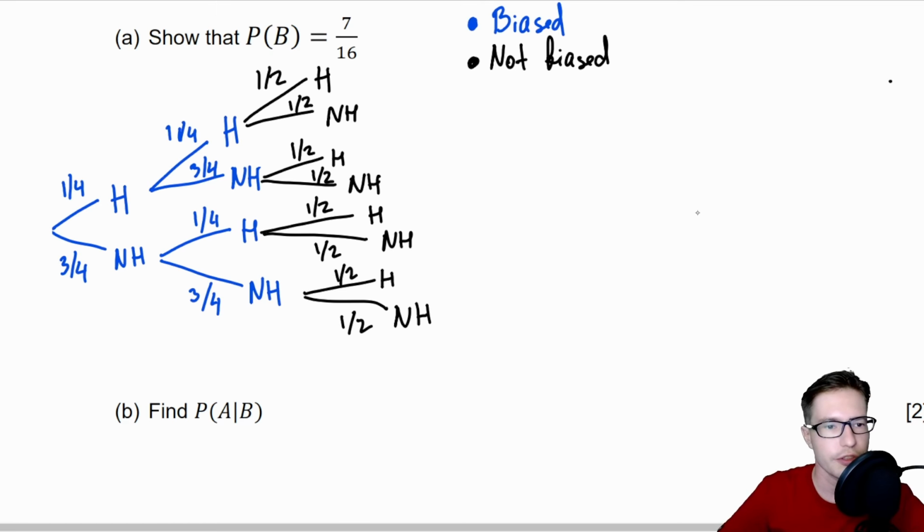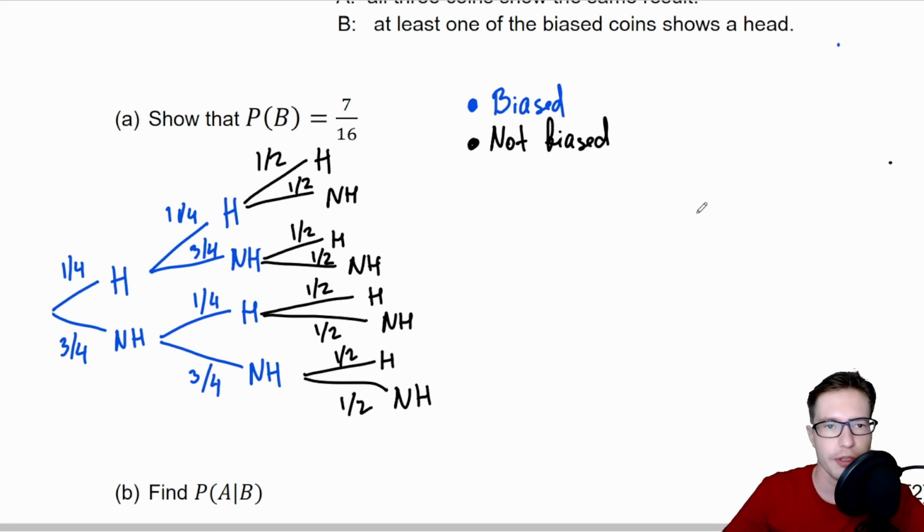Okay, and question A is only concerned about biased coins. We have to show the probability that at least one of the biased coins shows a head. I will calculate the probability of the opposite event and subtract it from 1. So I'm looking for the probability that none of the biased coins show a head.